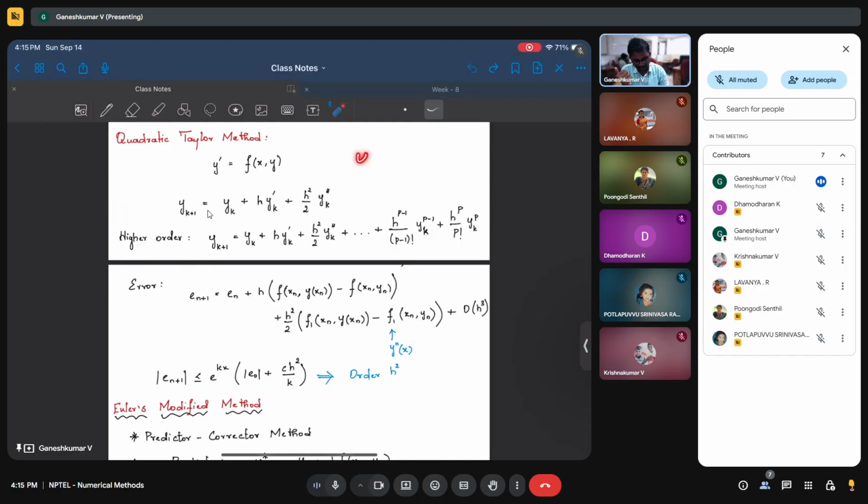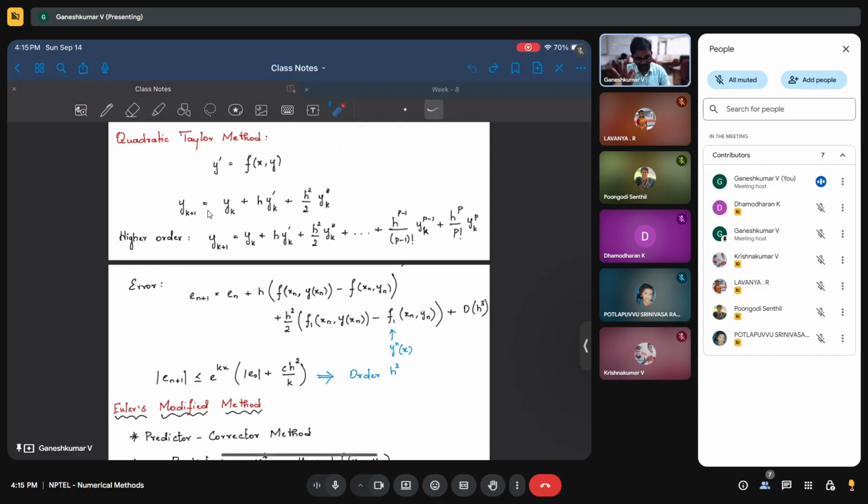So what is given is y at x naught is equal to y naught. That is the initial condition. But what you also need to know is the second order derivative. First order derivative is given by the equation itself, the function f of x comma y, so that is known.